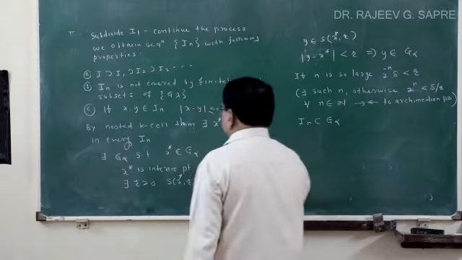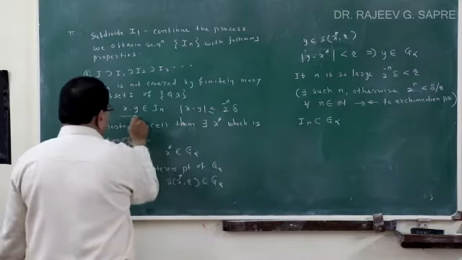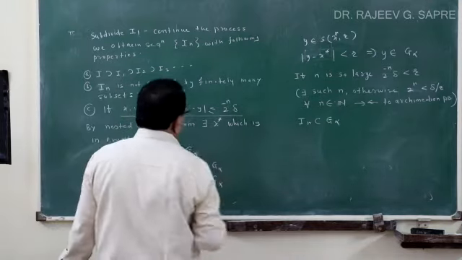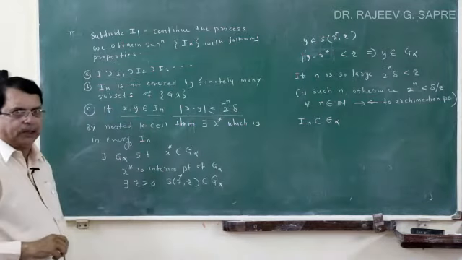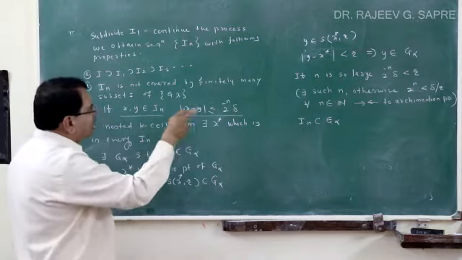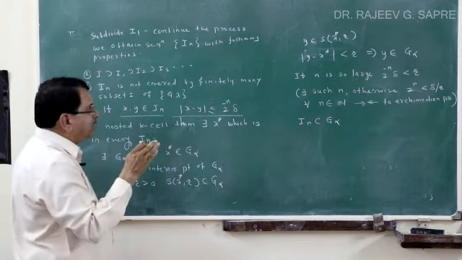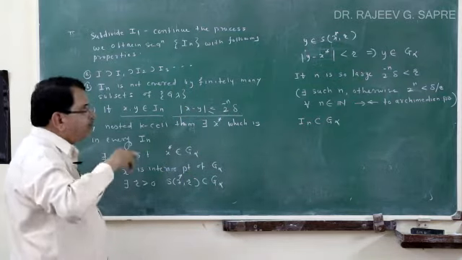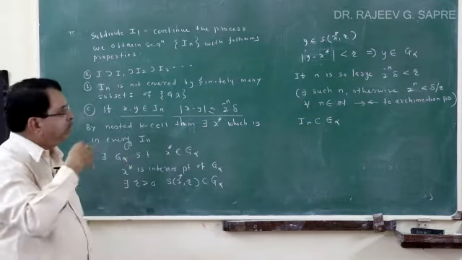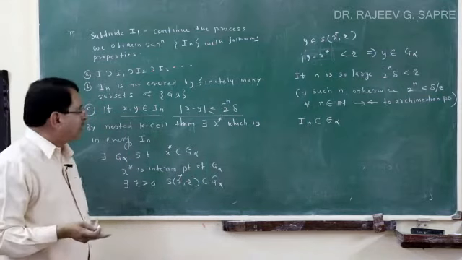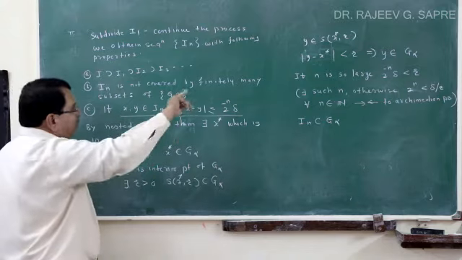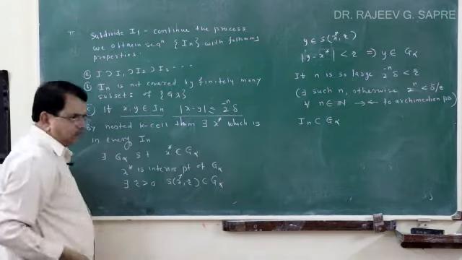Obvious, because if x and y belong to I_n, |x − y| is less than delta upon 2 raised to n, and here x* and y both are in G_alpha, and the distance between x* and y is less than r. So I can make n so large that delta upon 2 raised to n will be less than r, and that means both x and y will belong to that G_alpha.